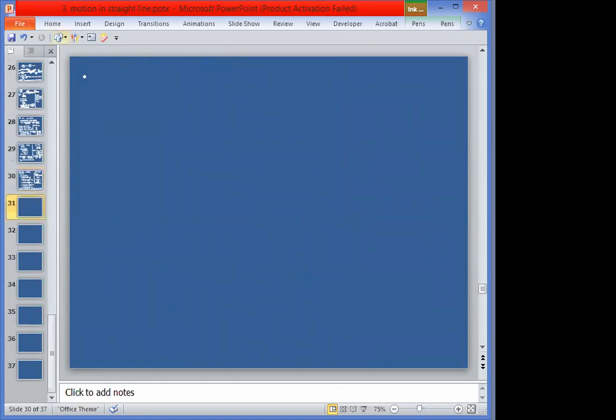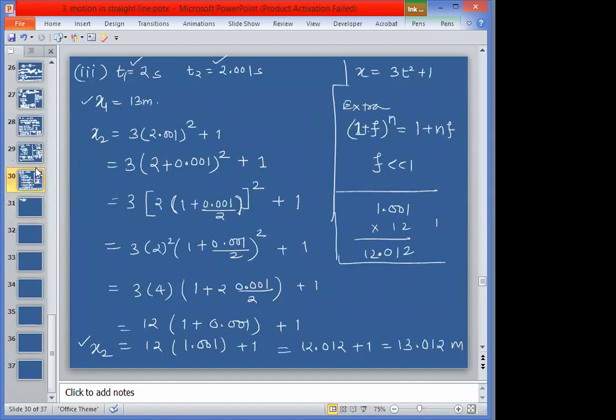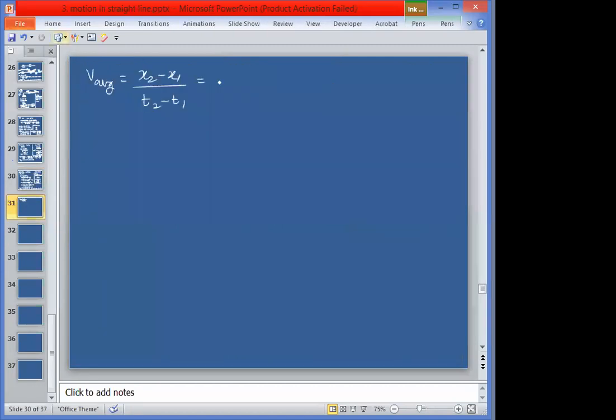So let's find out average velocity in the third case. Change in position x2 minus x1 upon change in time t2 minus t1. Final position is 13.012 and initial position is 13. Final position 13.012 minus initial position 13, divided by final time 2.001 minus initial time 2.